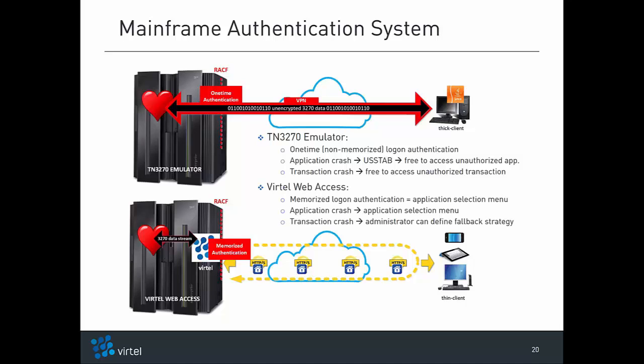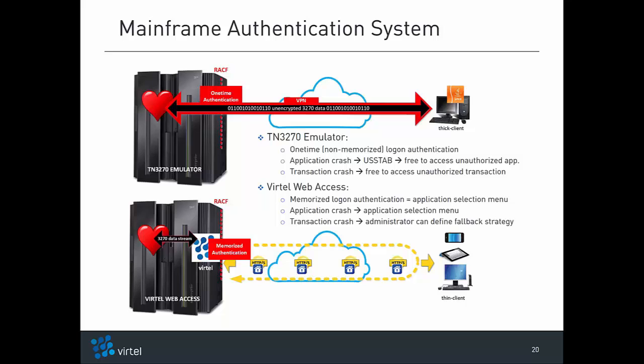Instead, Virtel Web Access memorizes the logon authentication and authorization in the form of an application selection menu that we displayed a few slides ago. When an application crashes, users are sent back to their own application selection menu, and the administrator can define a fallback procedure that Virtel will implement when a transaction crashes, for example, sending the user to the application selection menu.